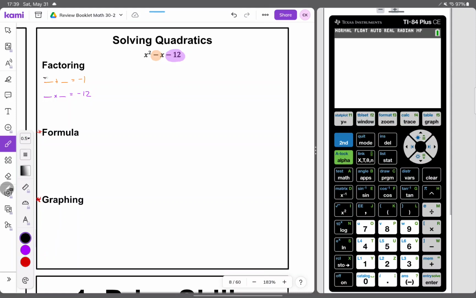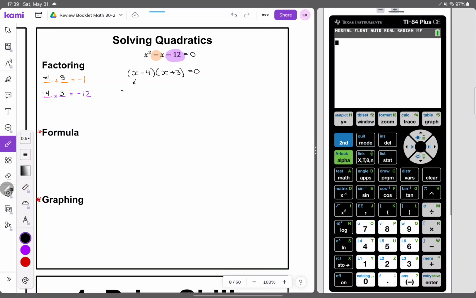So this is going to give us -4 plus 3 is -1, and -4 times 3 is -12. That means this is going to be factor 2, x minus 4 because of the -4, and x plus 3 because of the +3. And if we're going to solve this, we need to equal it to 0.